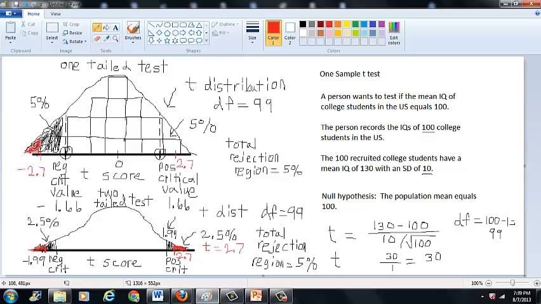And what does it look like? In my drawing, it looks like this is about half of the 2.5% down here, and this is about half of this 2.5%. So the total of these two orange areas would be about 2.5%, which would mean that your p-value would be about 0.025.